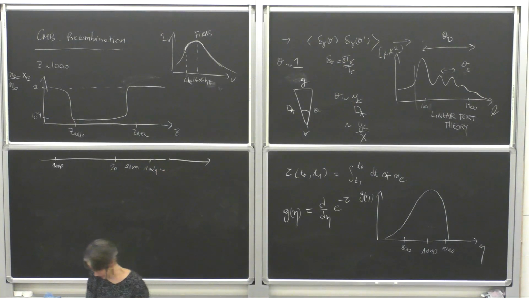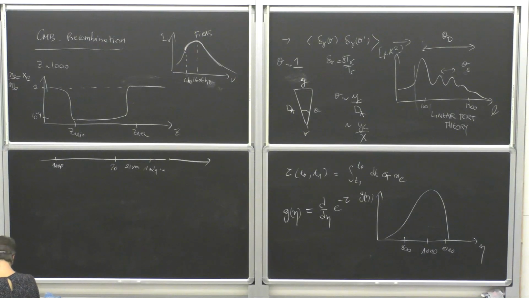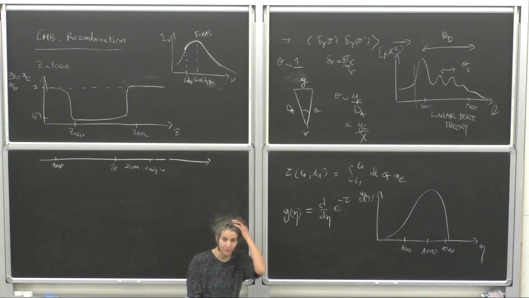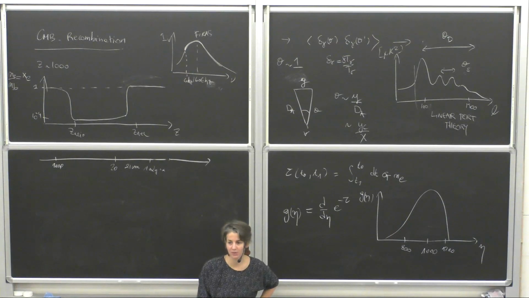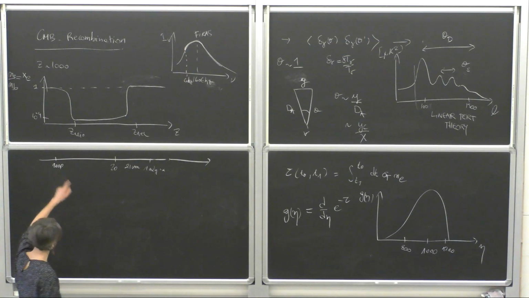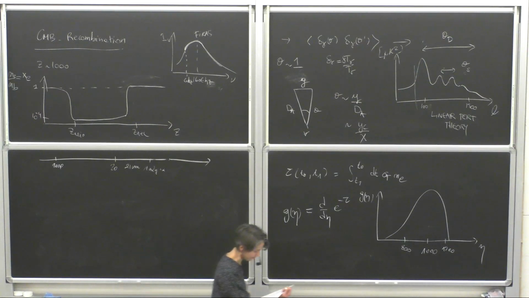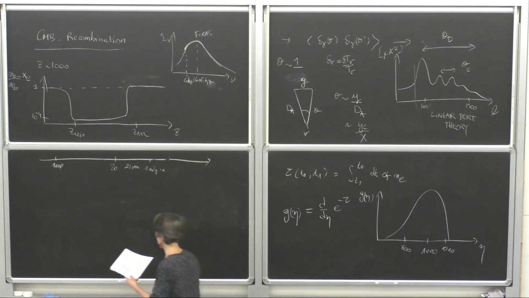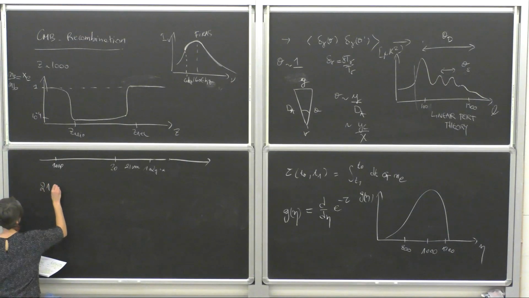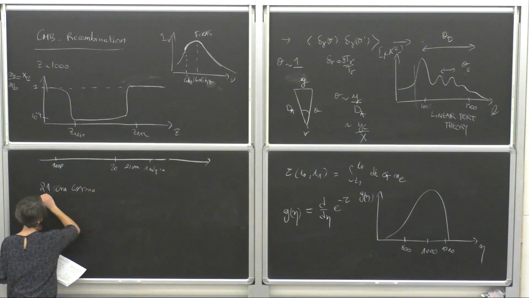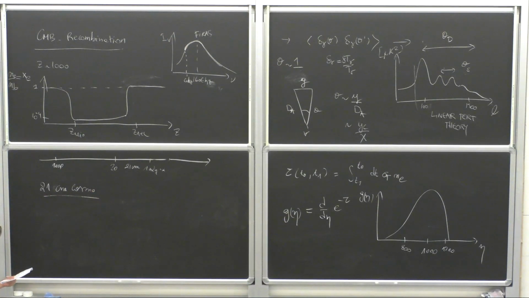Okay, what is this 21 centimeter signal? This 21 centimeter signal arises from neutral hydrogen, which we expect to be ubiquitous in the universe in this period. It comes from spin flip transitions between the two ground state energy levels of neutral hydrogen.